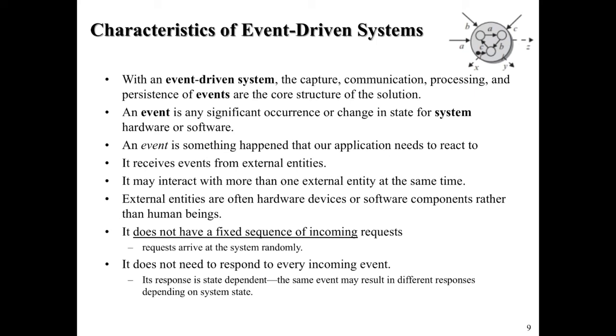An event is basically a significant occurrence or change in the system or in the state of your system. An event can be internal or external. You can say an event is something that happened to which your application needs to react. Usually events are external to your system.